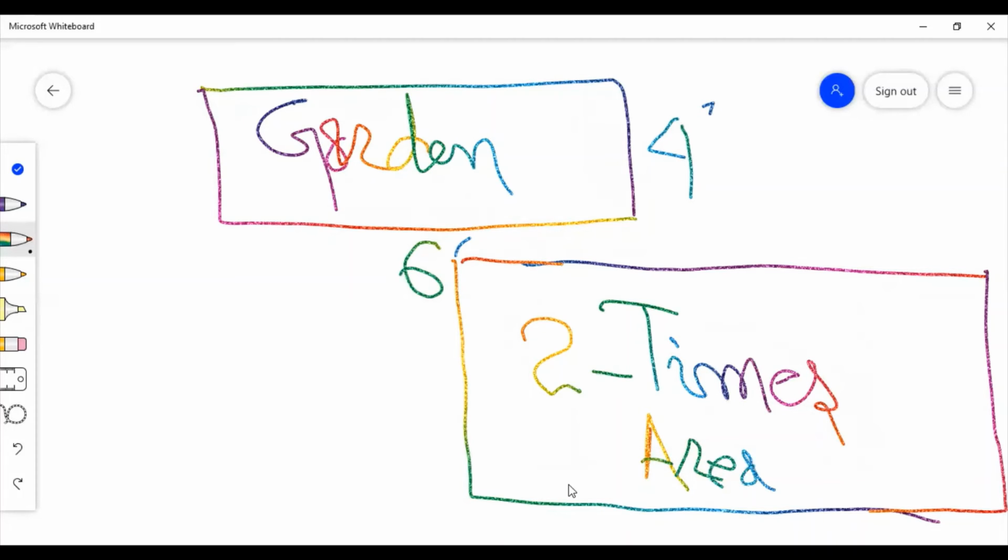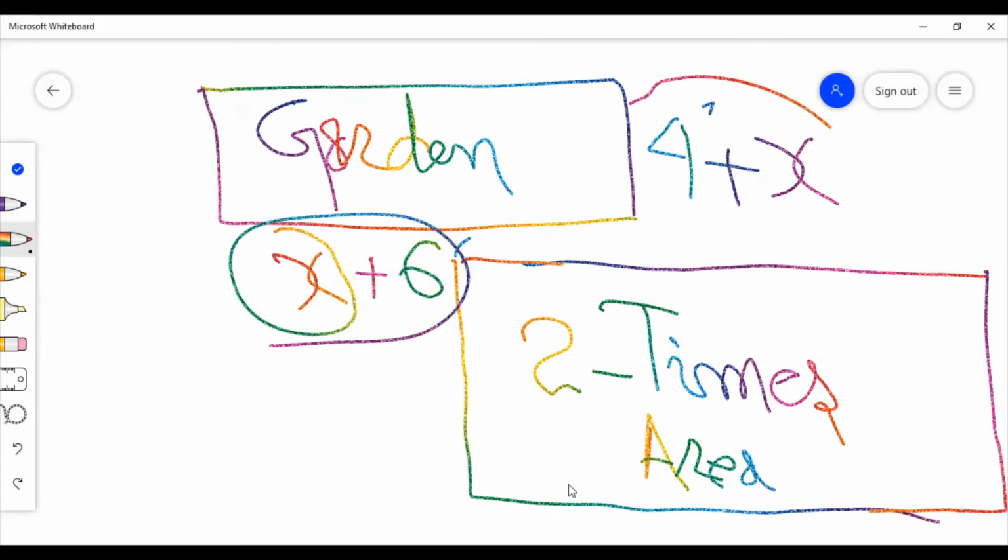So how much must the length and the width be increased, in terms of x, to get the double area?